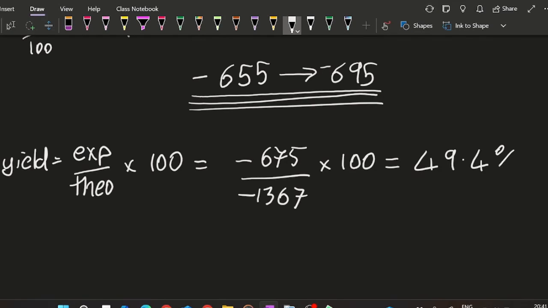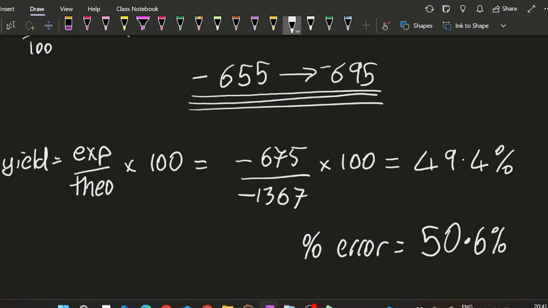So that would mean that my percent error is going to have to be a whopping 50.6%. So this experiment is designed to not work, and I have succeeded, in the sense that it hasn't worked. Then you'd be asked about, well, what went wrong?